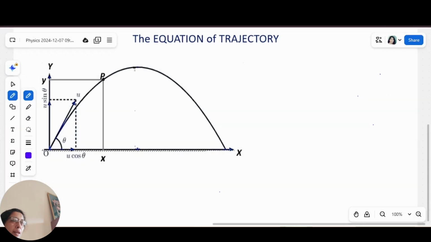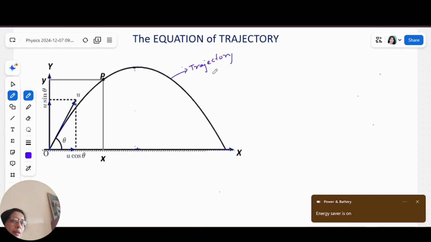Alright folks, it's time to decode the actual shape of this motion. When we launch a particle under gravity, it doesn't just float or fly off straight, it follows a curved path. The curved path is called the trajectory. And the object in motion is called the projectile.